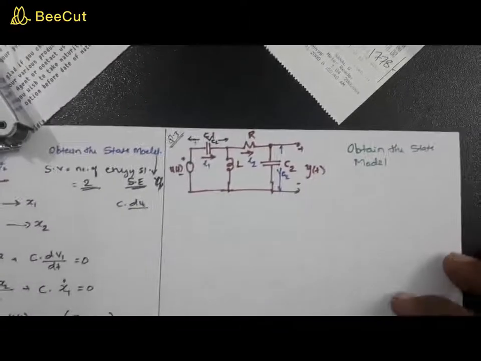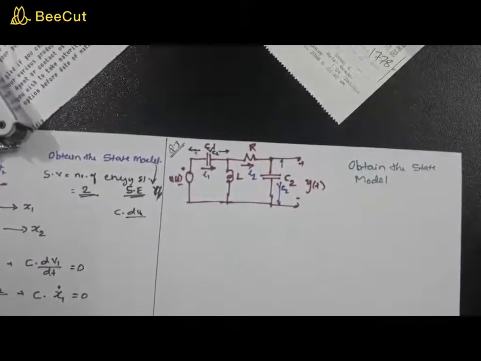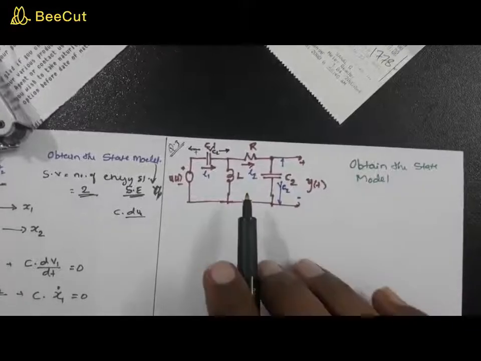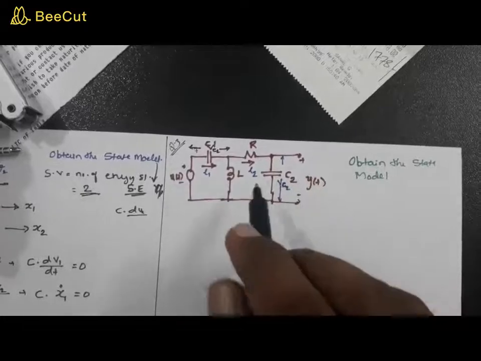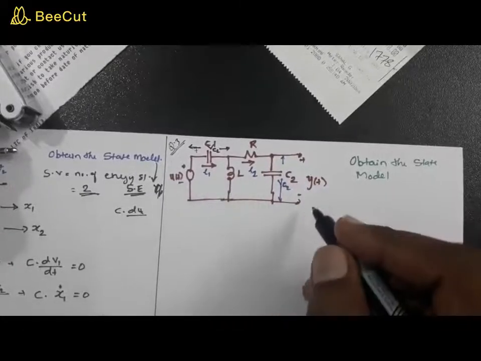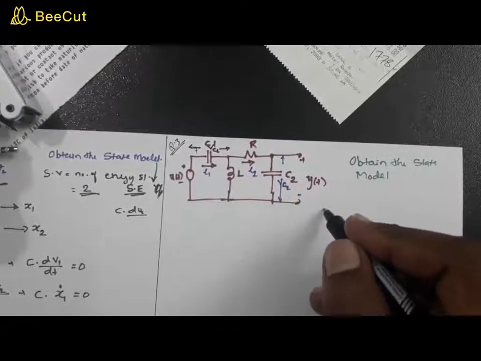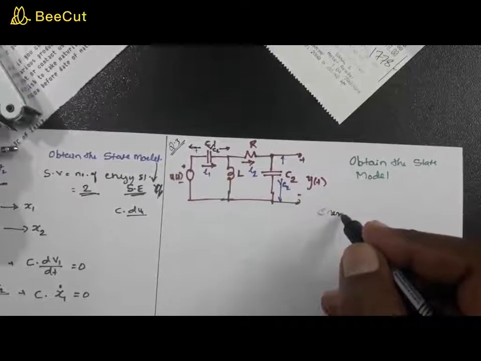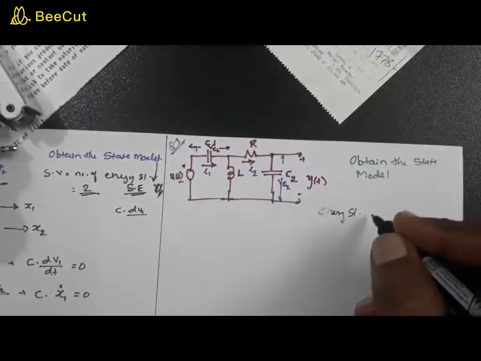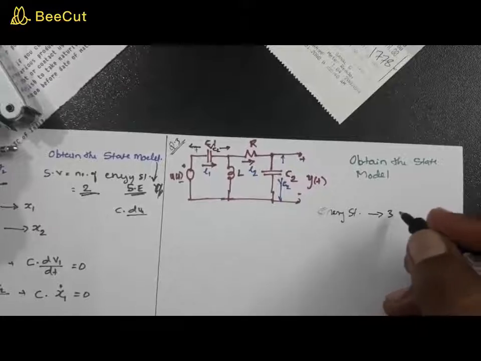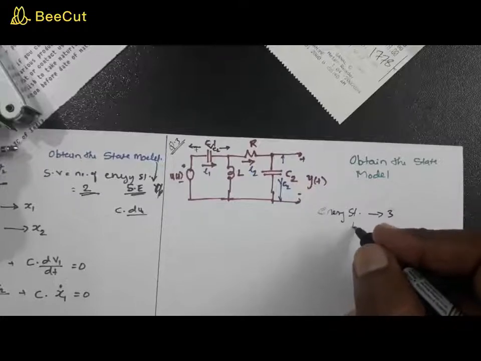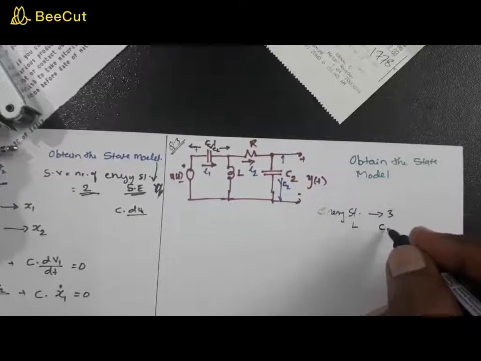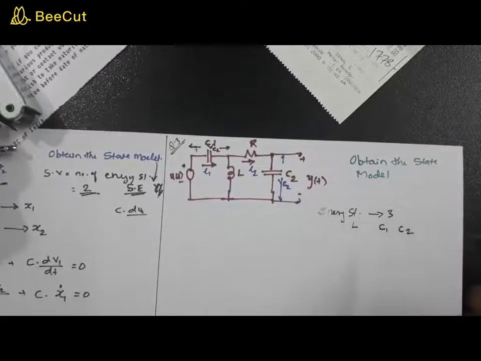Okay, so this is your question number 3. You're asked to obtain the state model of this particular circuit. When you deal with an electrical circuit, you must first of all search for the energy storing elements. You have 3 elements, that is 1 inductance L and 2 capacitances C1 and C2.